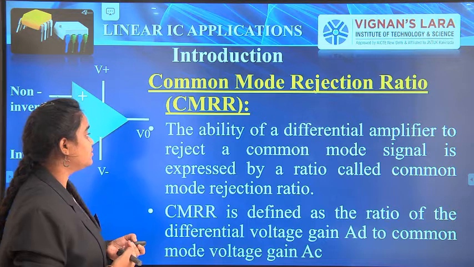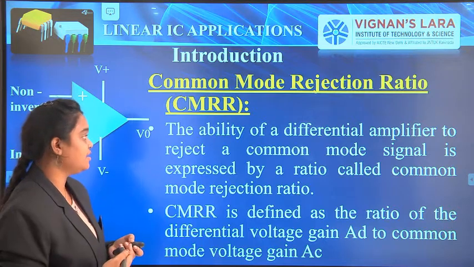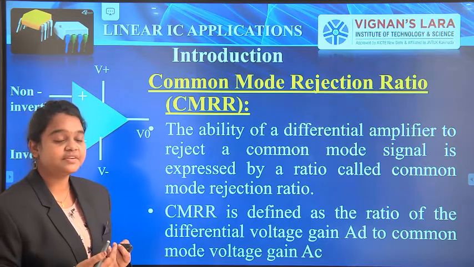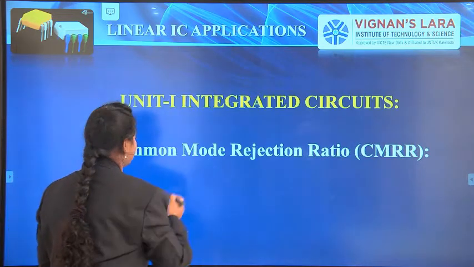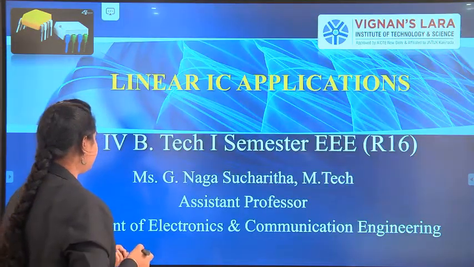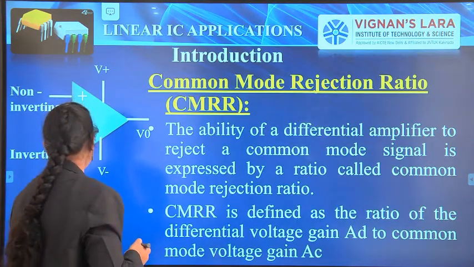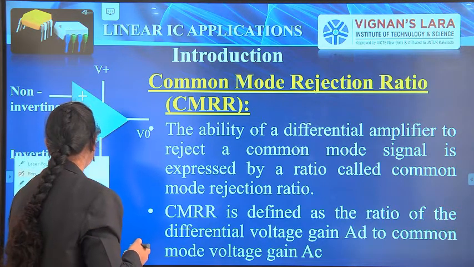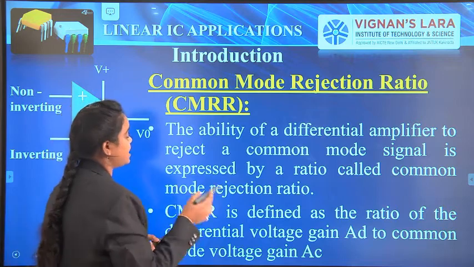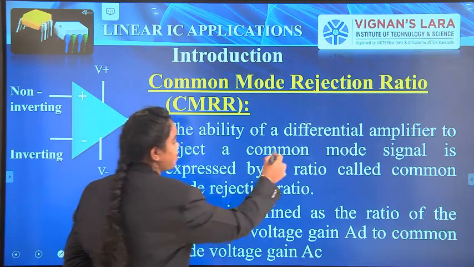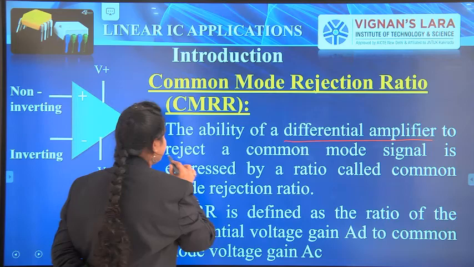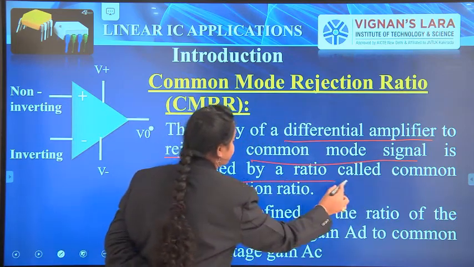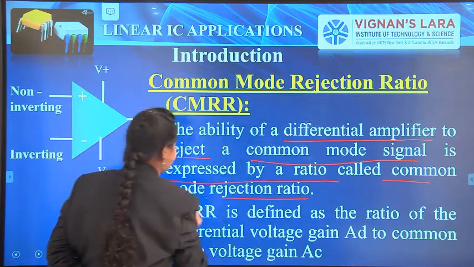So what is meant by CMRR? The ability of a differential amplifier to reject a common mode signal is expressed by a ratio called the common mode rejection ratio.